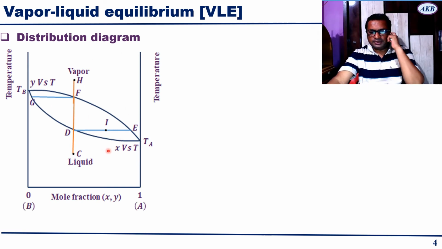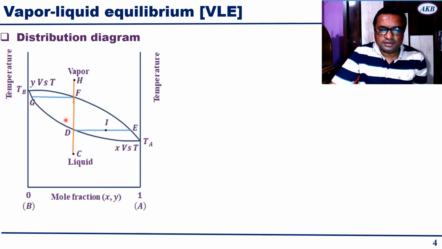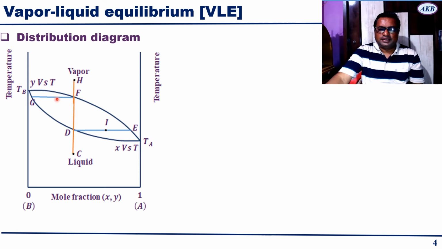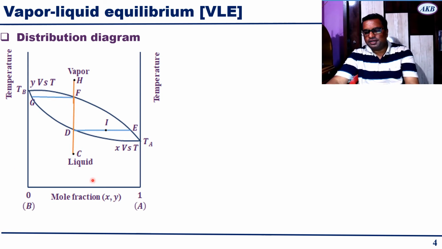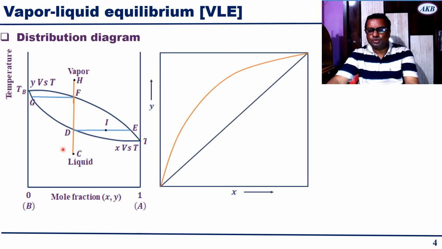Now just now I told you that a particular tie line on the boiling point diagram becomes a point on the distribution diagram. Let us see. I have shown both the diagrams on this slide. You have the boiling point diagram over here and the distribution curve over here. Now you just look at this tie line GF.